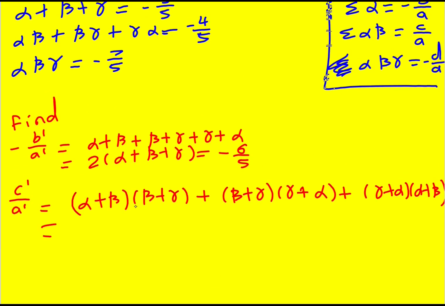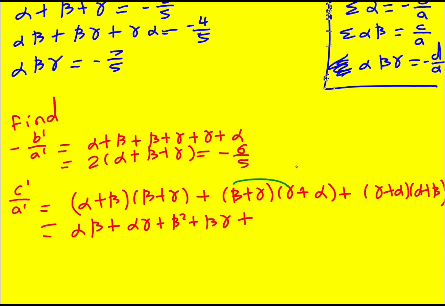Let's expand the bracket. I'm going to get alpha beta plus alpha gamma plus beta squared plus beta gamma. Then I'm going to get another, it depends, you can either write them all out, or you can start to try and speed things up.